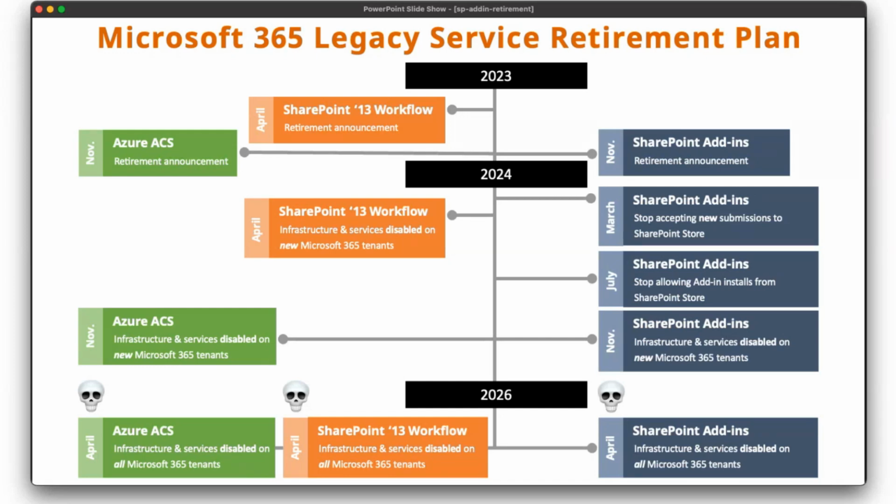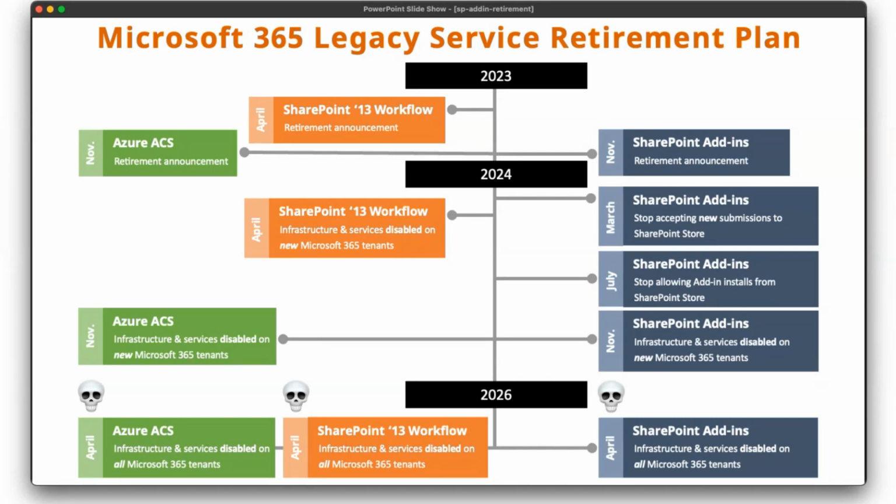Those will not be turned on in my SharePoint Online tenant. The only way that add-ins will continue to work starting in December of this year is if you already had a Microsoft 365 tenant created prior to November.